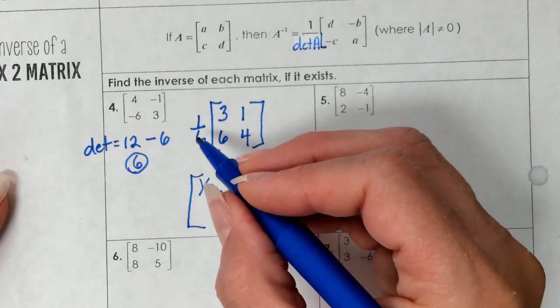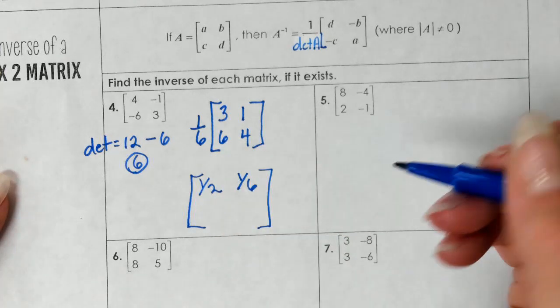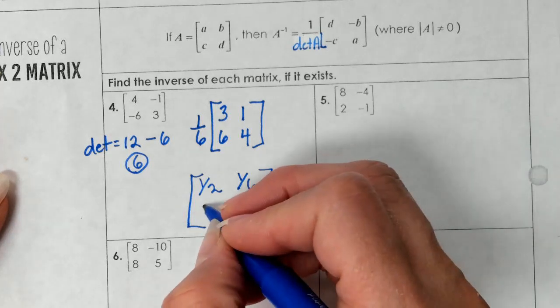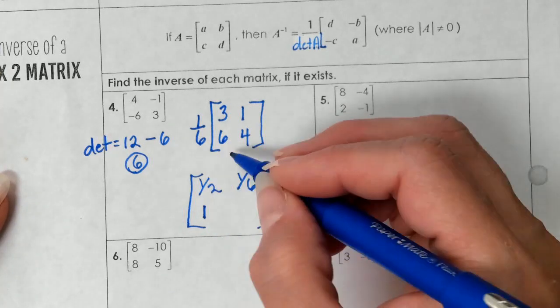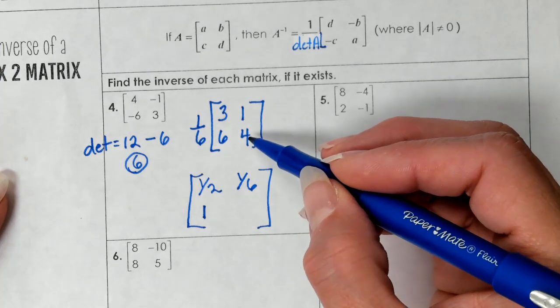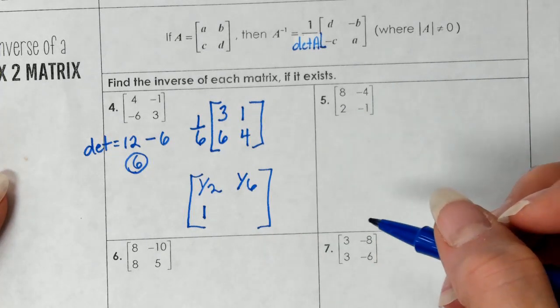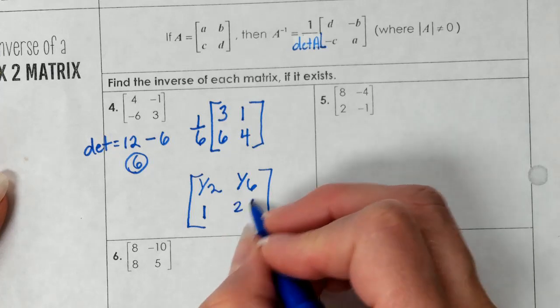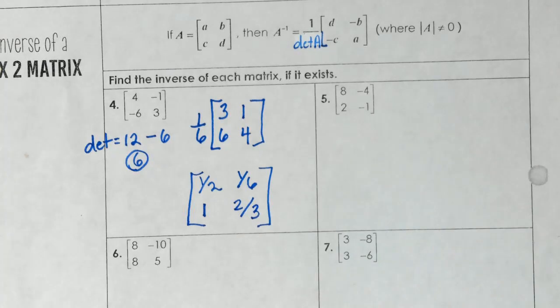What is 6 over 6? 1 whole. And what happens with 4 times 1/6, which would make 4/6? It turns into 2/3. And this is the answer for problem number 4. That is the inverse of problem number 4.